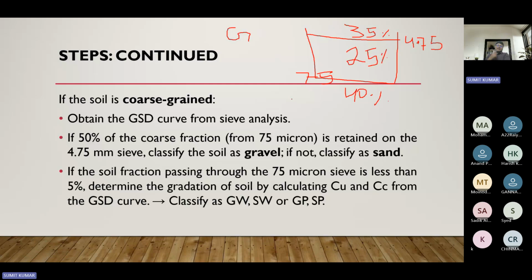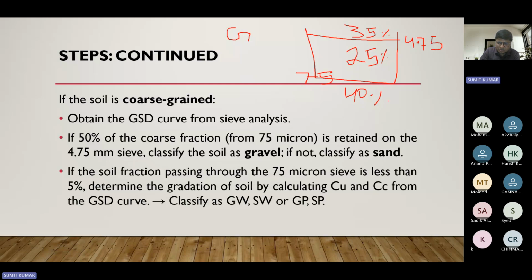Okay, now we move ahead. If the soil fraction passing through 75 micron is less than 5%, this is also important, then determine the gradation of soil by calculating Cu and Cc. So if the particle passing through 75 micron is less than 5%, then you calculate Cu and Cc from the grain size distribution curve. How?